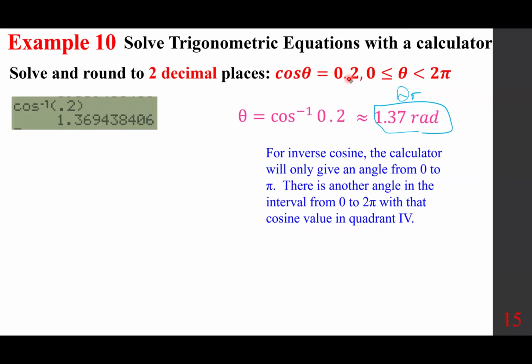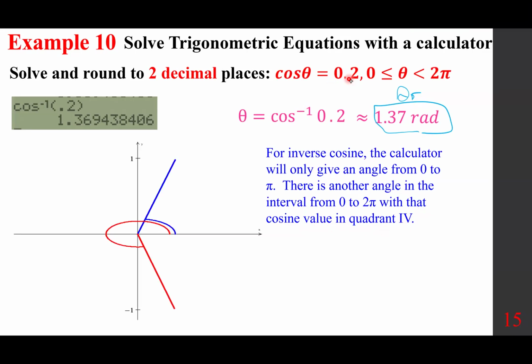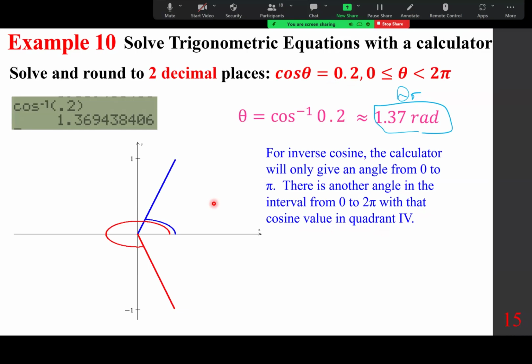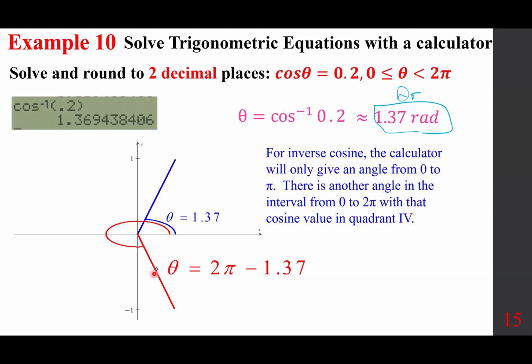So subtract it from 2 pi. So this is the given 1.37. The blue one is the given. And the red one, 2 pi minus 1.37 is 4.91. This is how you get to the second one.